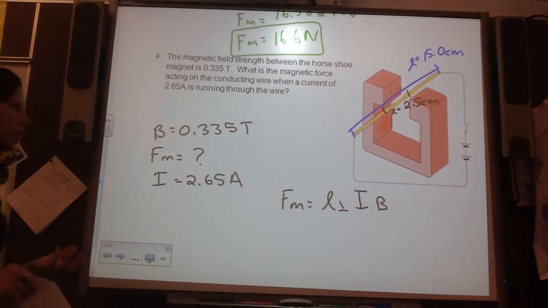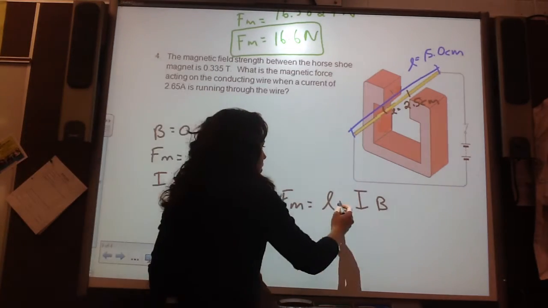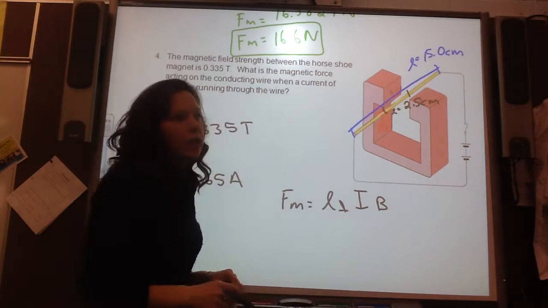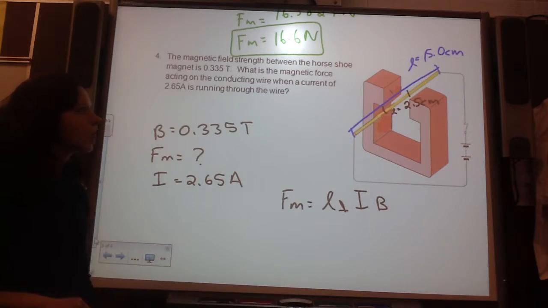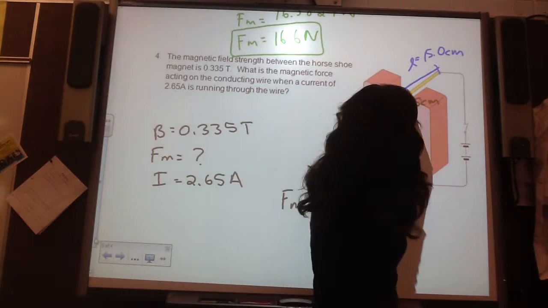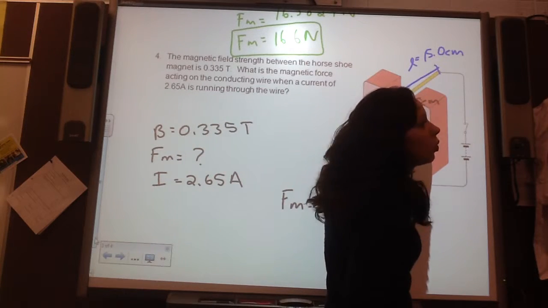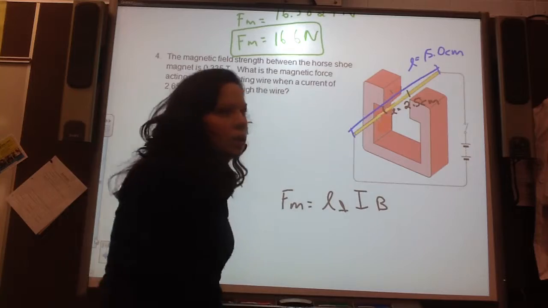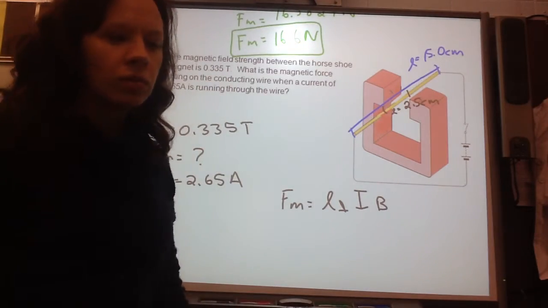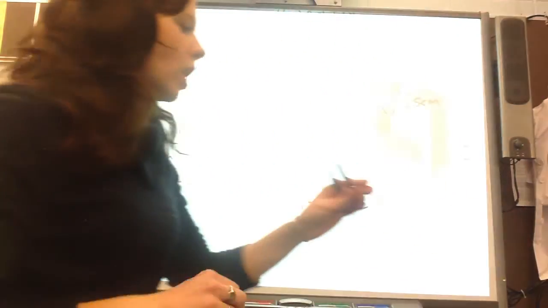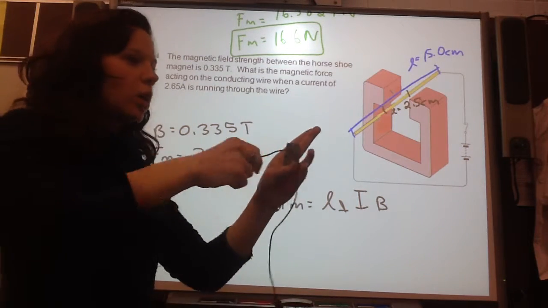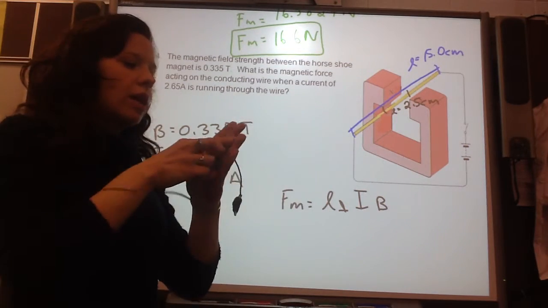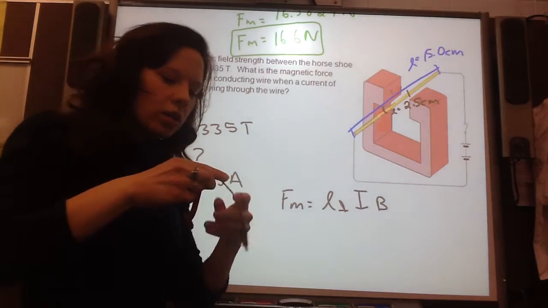So what are we missing? Well, our L is from our picture, but which length do I use? What does the 2.5 even represent? The 2.5 is this amount of wire. Like if this was the magnet, this wire is a certain length, and then I was told the length that's right in there.